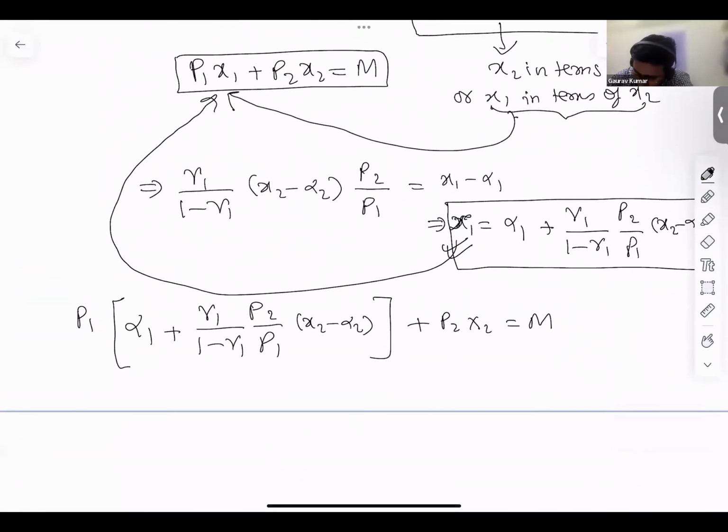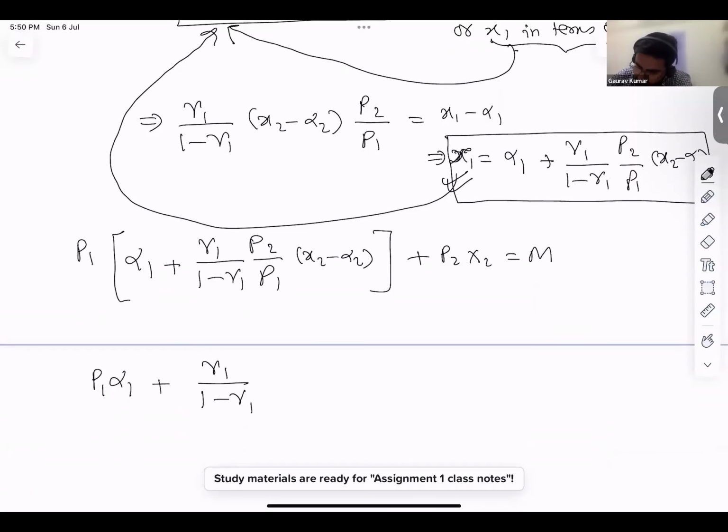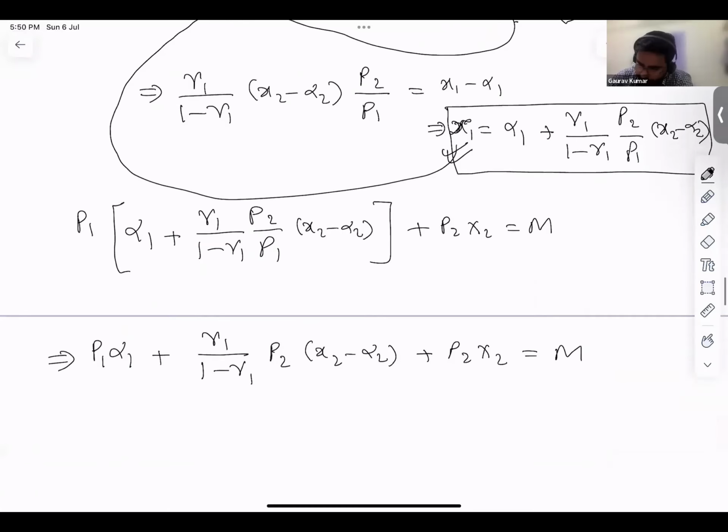Now when you simplify it, this is what you get, and you have to do further simplifications. I'm not going into the messy algebra. I'll just write the answer that comes out. You guys can check it.